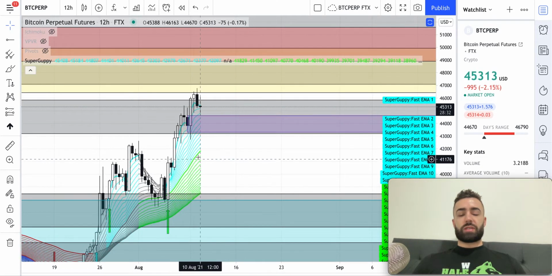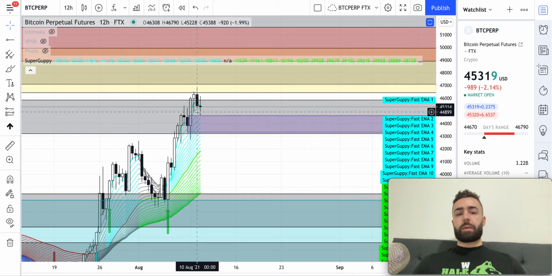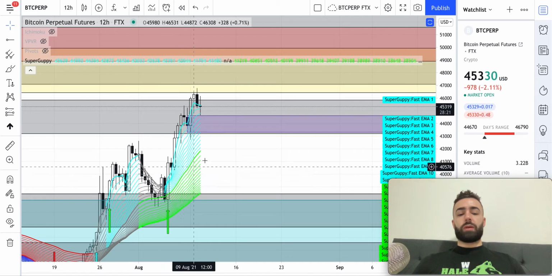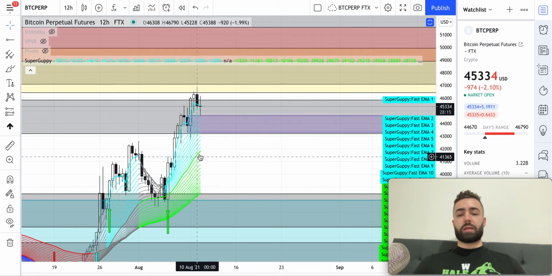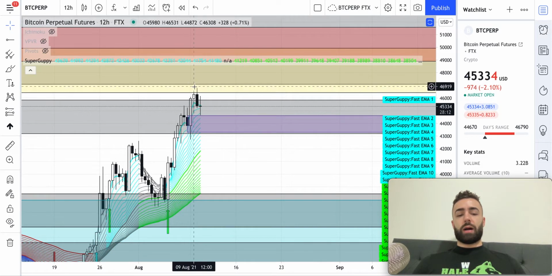Sometimes when you see this, it means that we're a bit overbought, meaning that there are so many buyers in the market that they have pushed the price above where it would potentially be reasonable for the price to be. And that is where these longer term EMAs are.